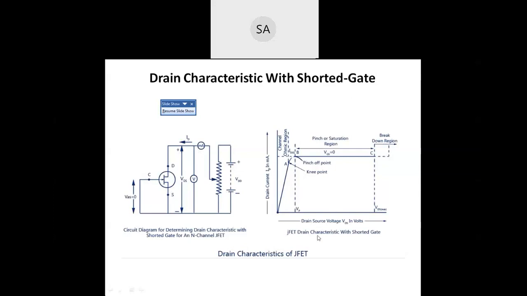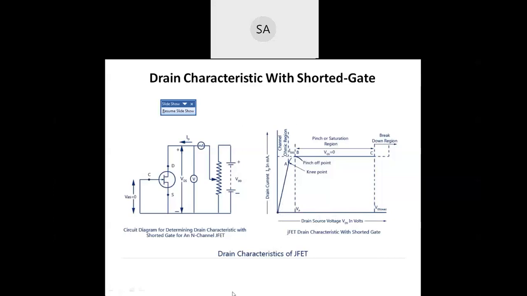The second diagram represents the drain characteristics of the JFET. As long as you are increasing the drain to source supply voltage, there is an increase of drain current. So how far will it increase?